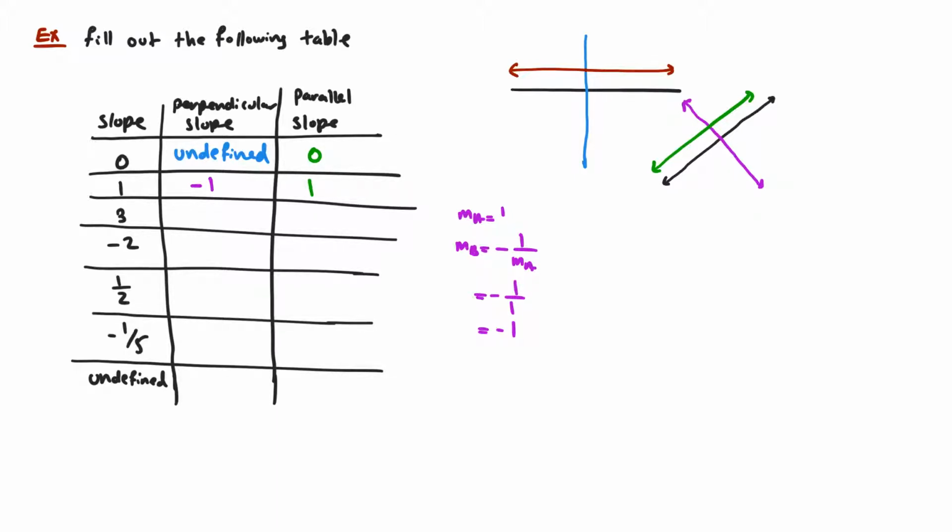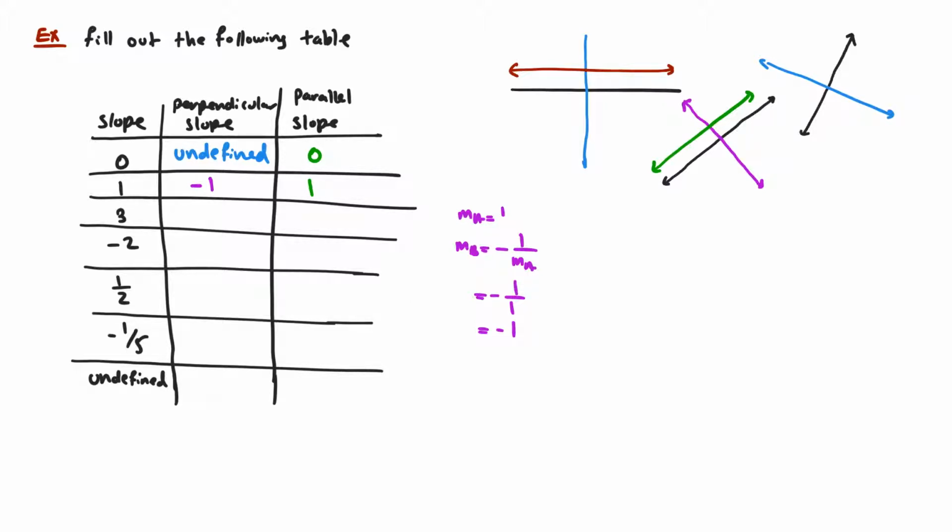For the third example, if we have something with a slope of 3, it's pretty steep, so a perpendicular line to it should have not as steep of a slope. We can signify that here. You can see it.